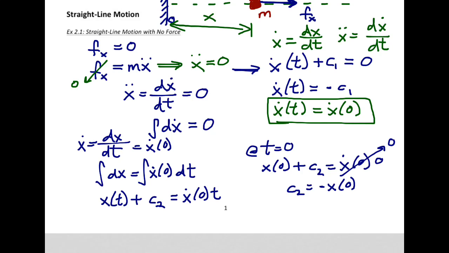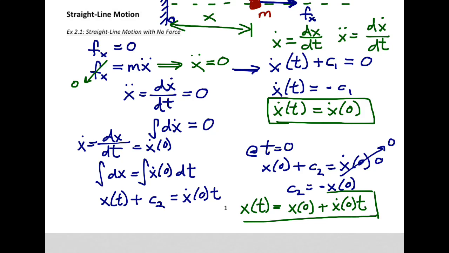So then this gives us the expression for position at any time: x of t is equal to the initial position plus the initial velocity multiplied times t.